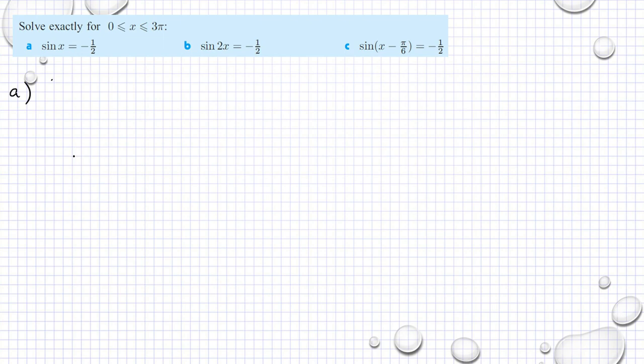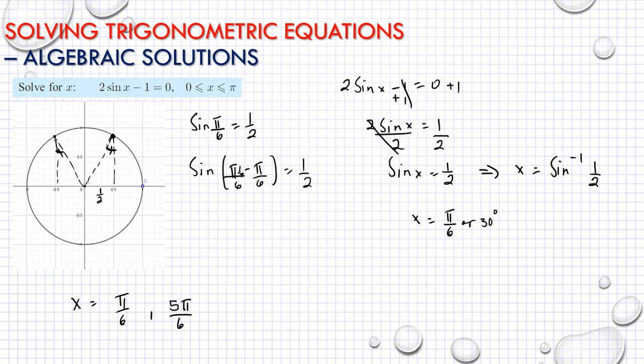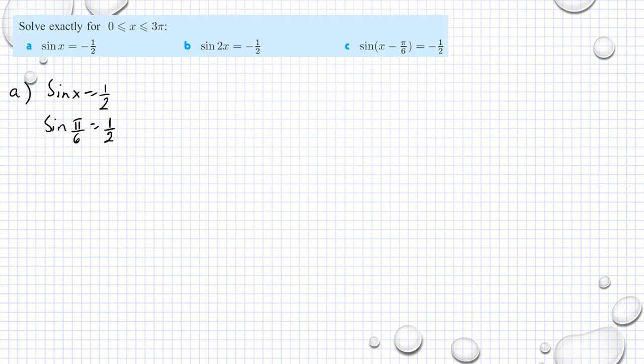We know that sine x is equal to 1/2. Sine pi divided by 6 is equal to 1/2. That is our first example here. We know that. That's special.